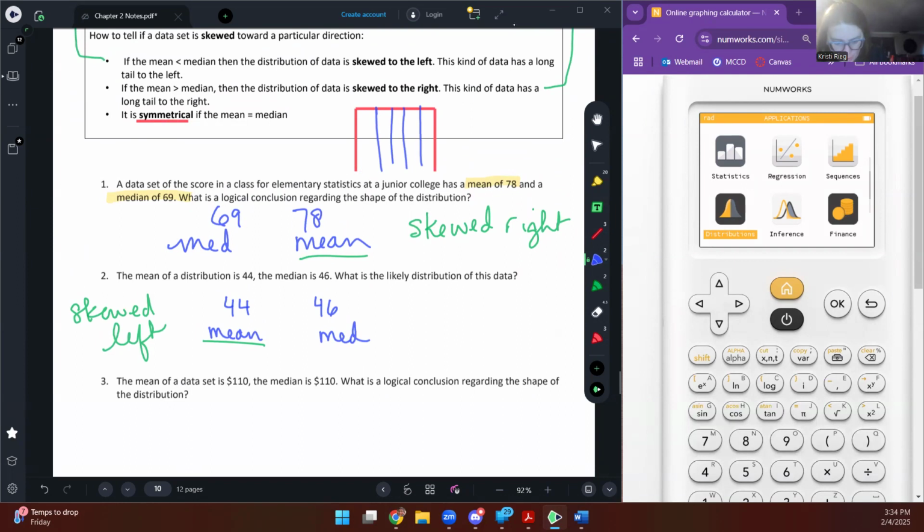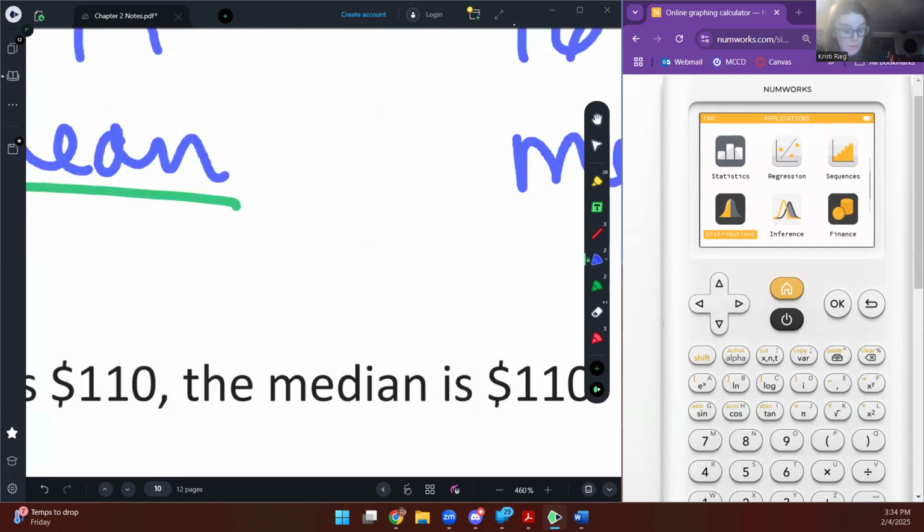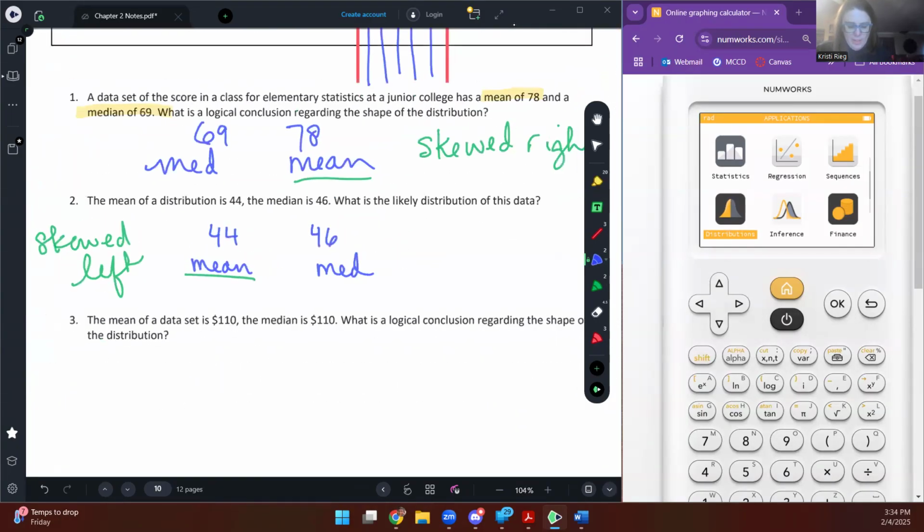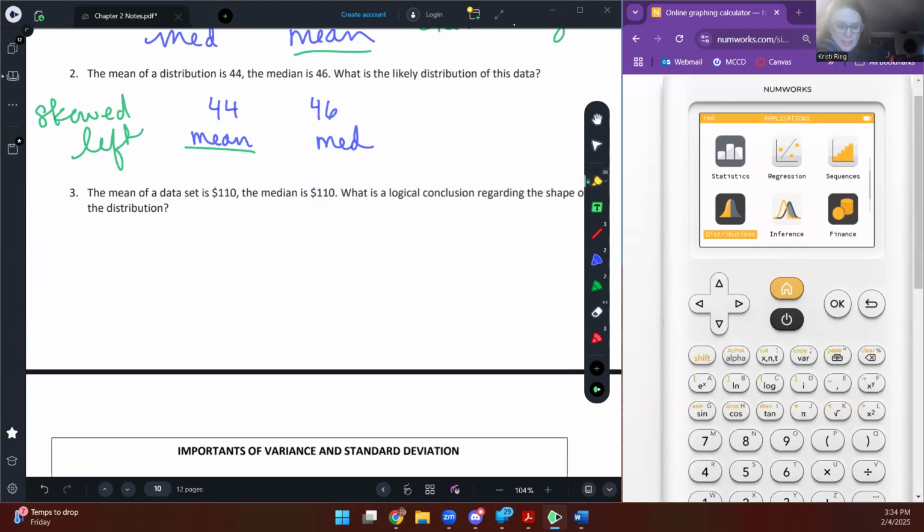We have this last question. We can see that they're both 110, so this is symmetrical. Another word you might see is uniform. Either word is fine.